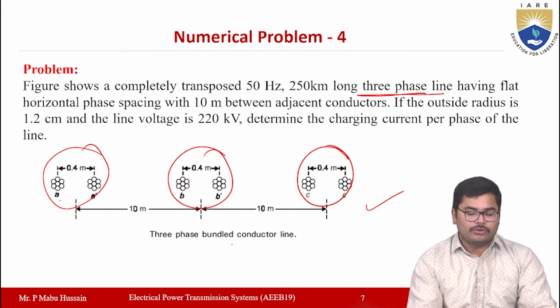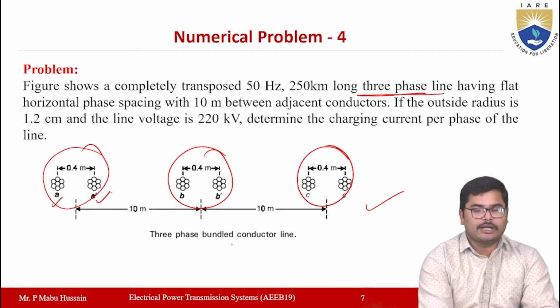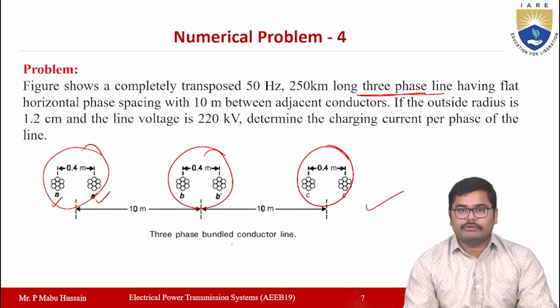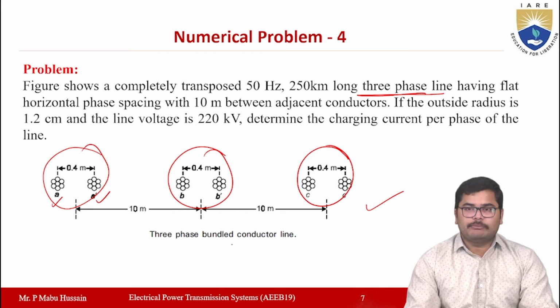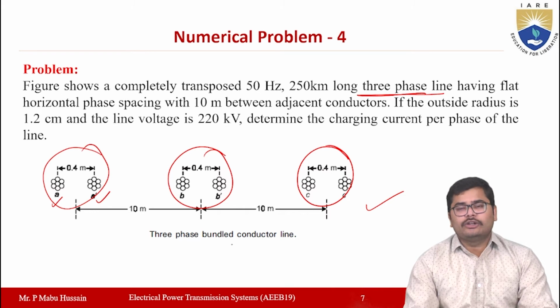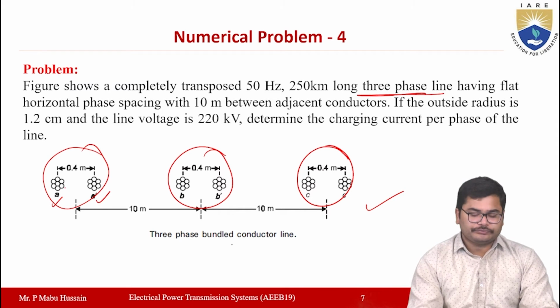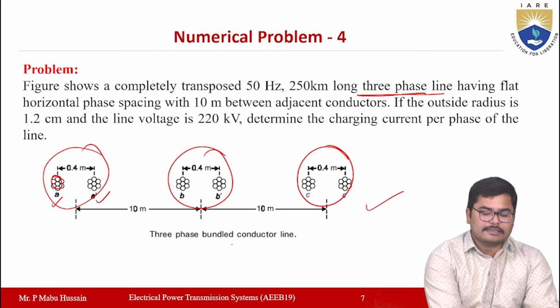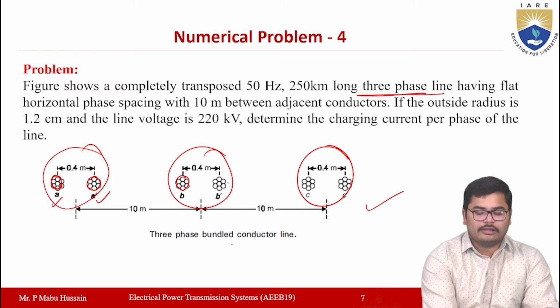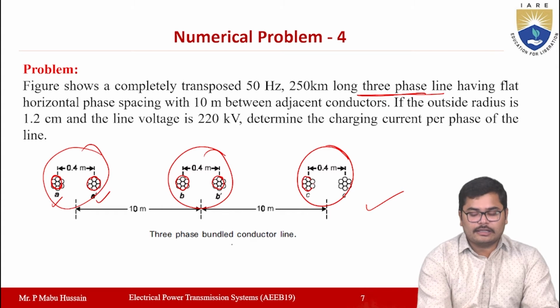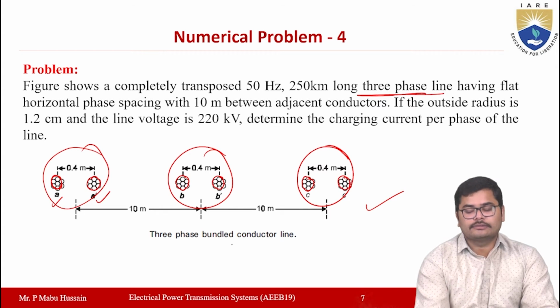In each phase, you are having 2 subconductors. This type of configuration is called the bundled conductor configuration. So this transmission line is a 2-conductor bundled configuration, and each conductor is a stranded conductor. If you see, all the conductors are stranded conductors.